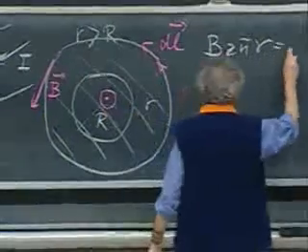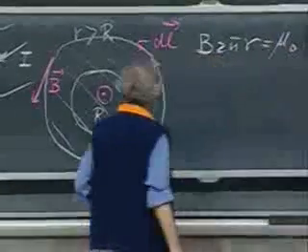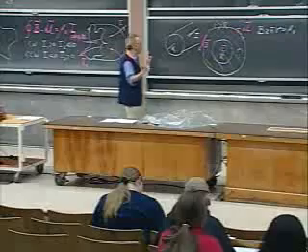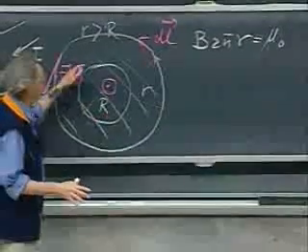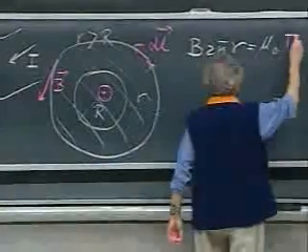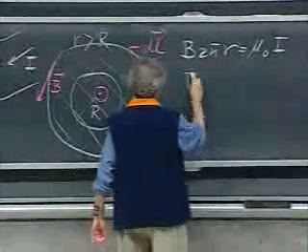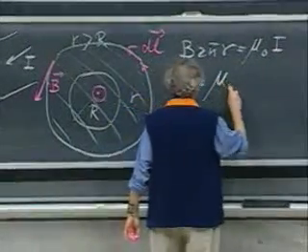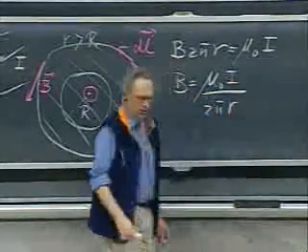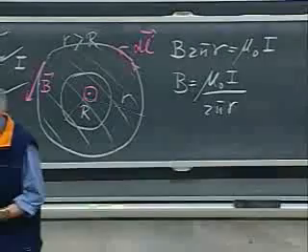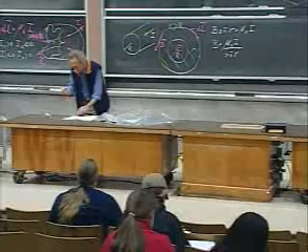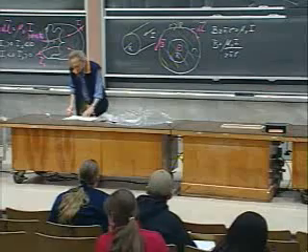That now equals mu 0 times I, which now penetrates my surface, uniquely determined. All this current from this wire that comes to me penetrates my surface. So times I, and so B equals mu 0 times I divided by 2 pi r. And that's the same result that we found last time when we applied Biot and Savart. So it's no surprise that you see this.